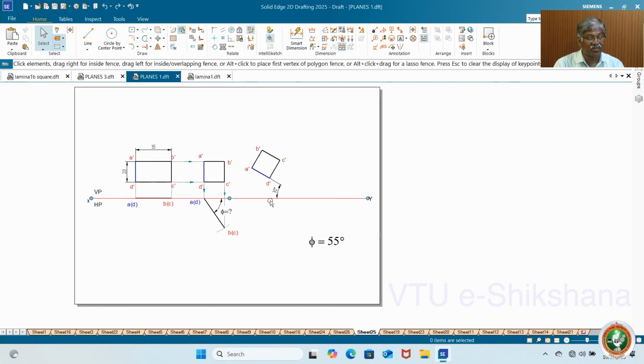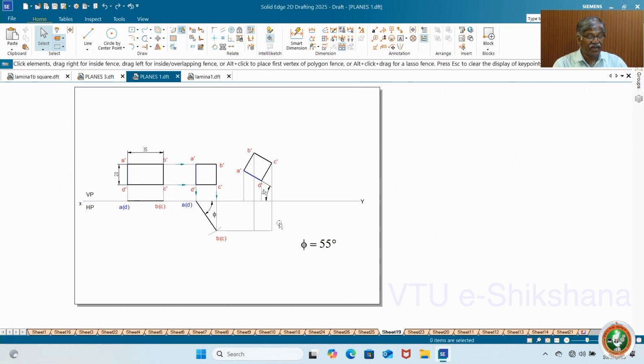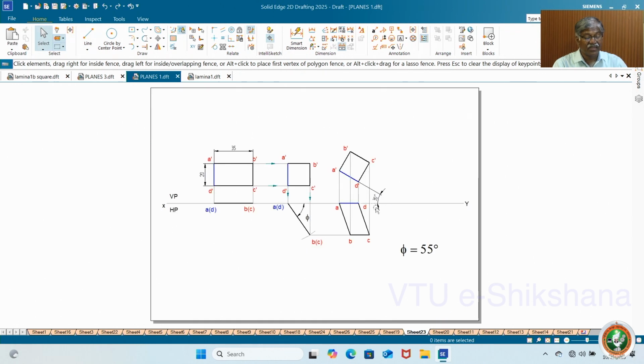You give inclination to the HP with AD only. You should not take any other line than AD, or sometimes you can take BC also, but you must dimension it to the AD only, because the edge on VP itself is given as inclined 35. It gives you the answer, but still you have to take care. Then project it and get the loci, then join this.